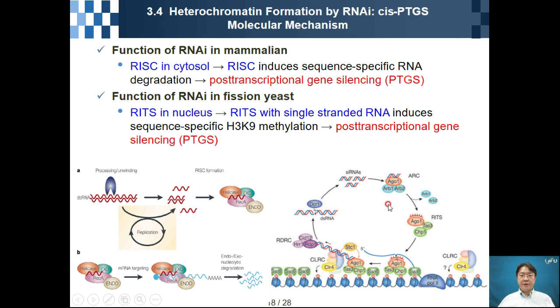How about in fission yeast? In fission yeast, we already know that the RITS complex is located within the nucleus. This RITS with single-stranded RNA binds to the nascent transcript, and after that it induces the H3K9 methylation.